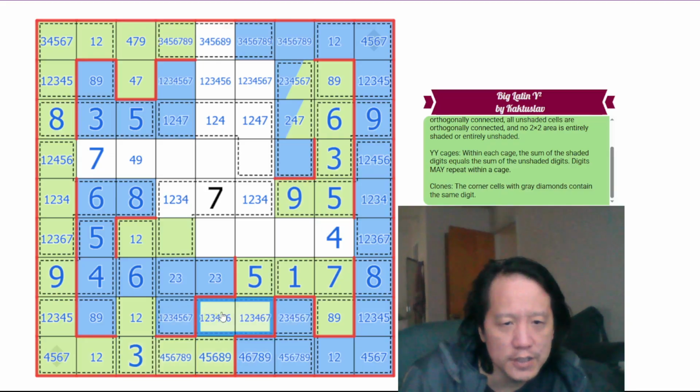These 2 digits add up to what these 2 digits are. This must have a 6 or 7. Interesting.